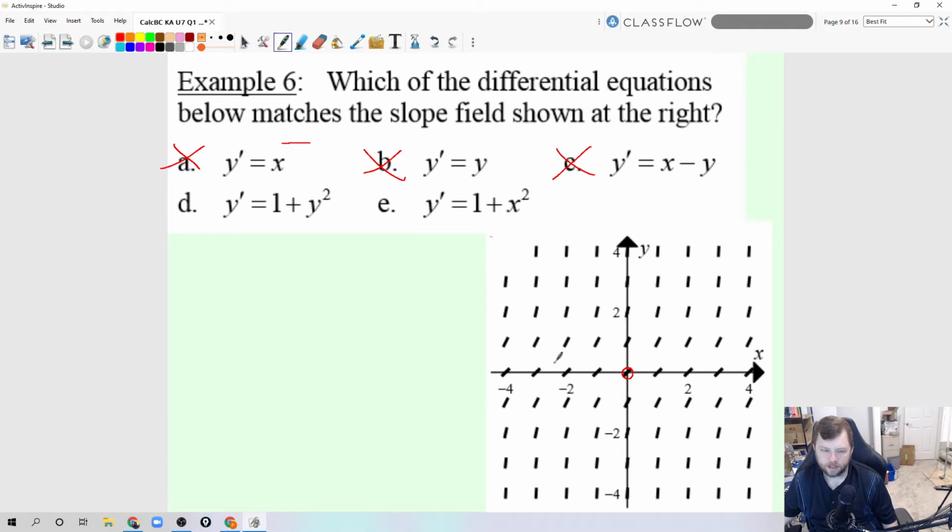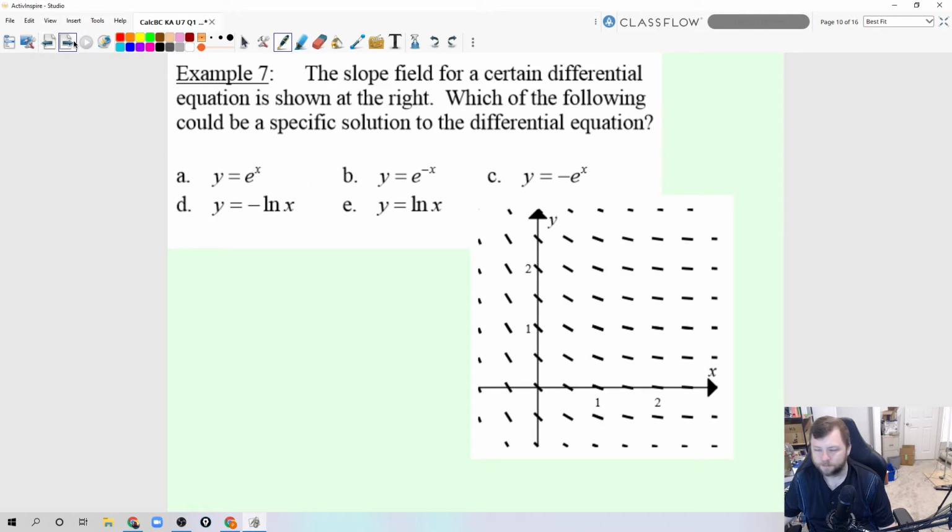So one thing that indicates to me is that it's only changing when the y value changes. When the x value changes, it doesn't change. Like you change an x right here, it's still staying the same. So if I know it's got to change with y value only, my answer is D, because this involves a y. And this only involves an x. That's one little thing that could help you eliminate, but it's about eliminating answers.